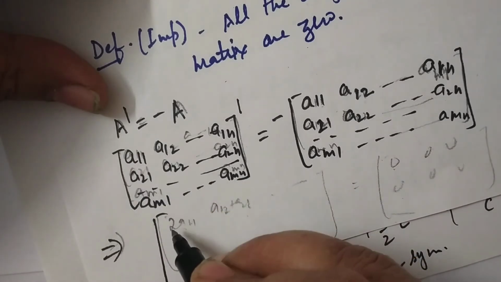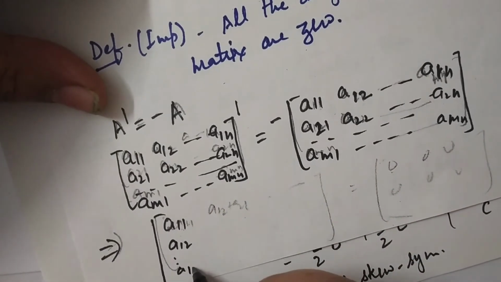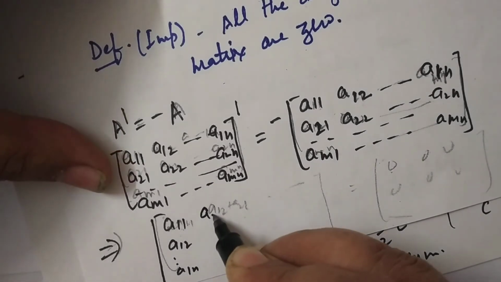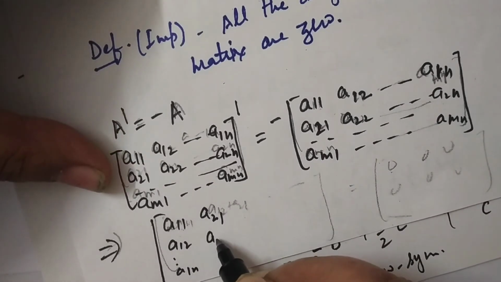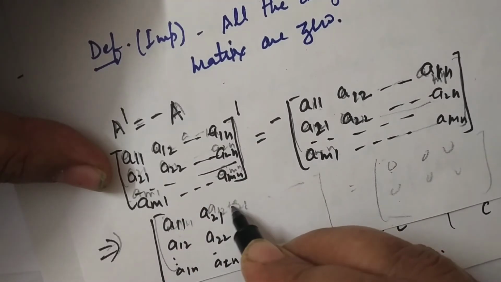This row becomes the column, so it is a11, a12 up to a1n, and this becomes the second column now, up to a2n, and so on.